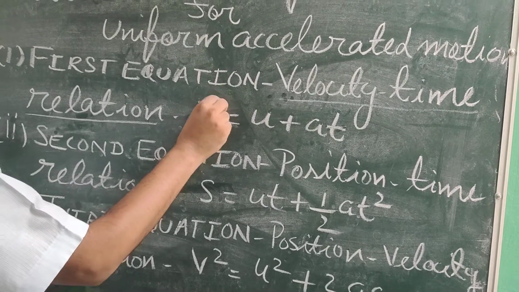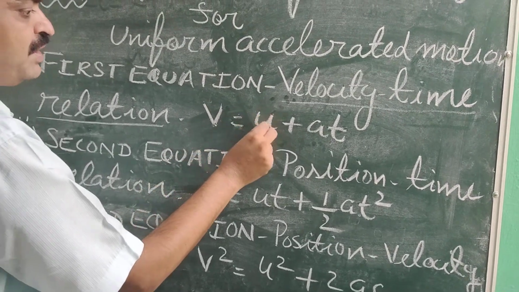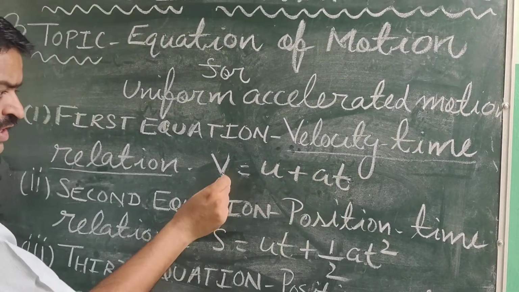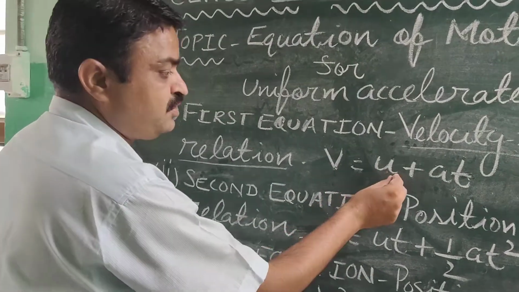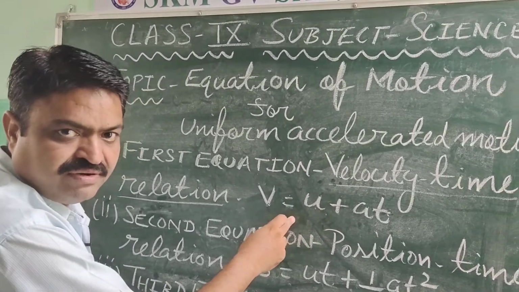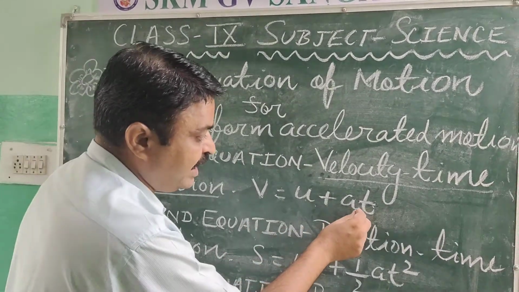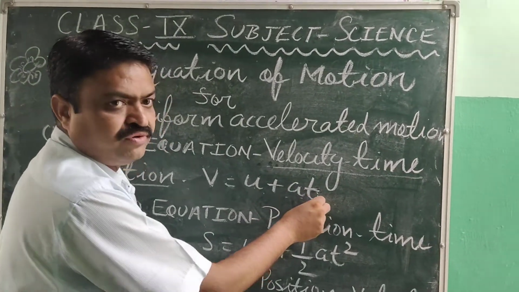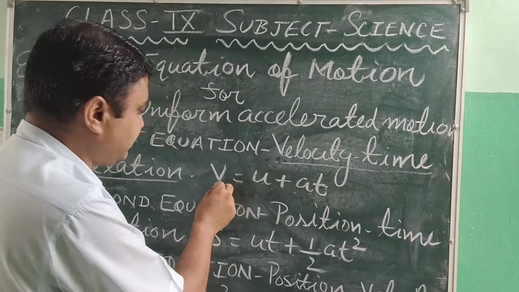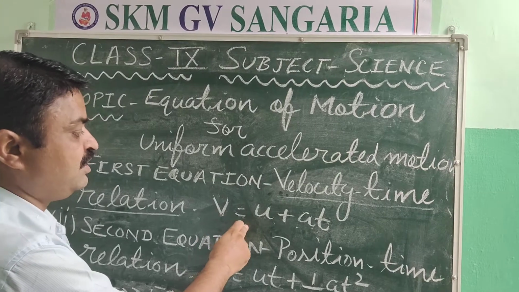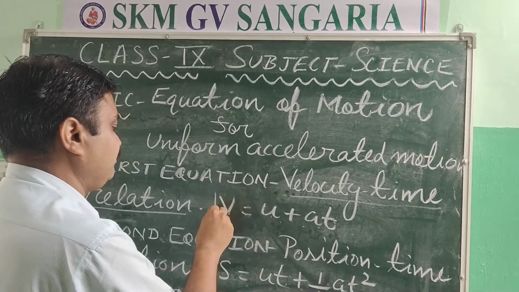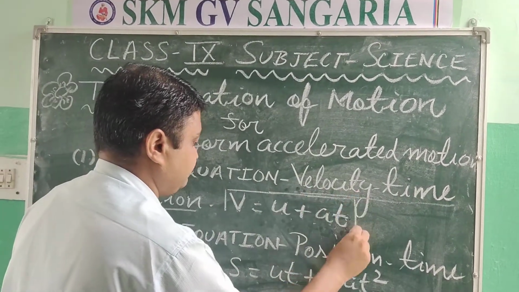Like here v is equal to u plus at. So here what is v? V means final velocity. What is u here? U means initial velocity, a for acceleration and t for time. So it is the first equation of motion. V is equal to u plus at. So you will learn it.